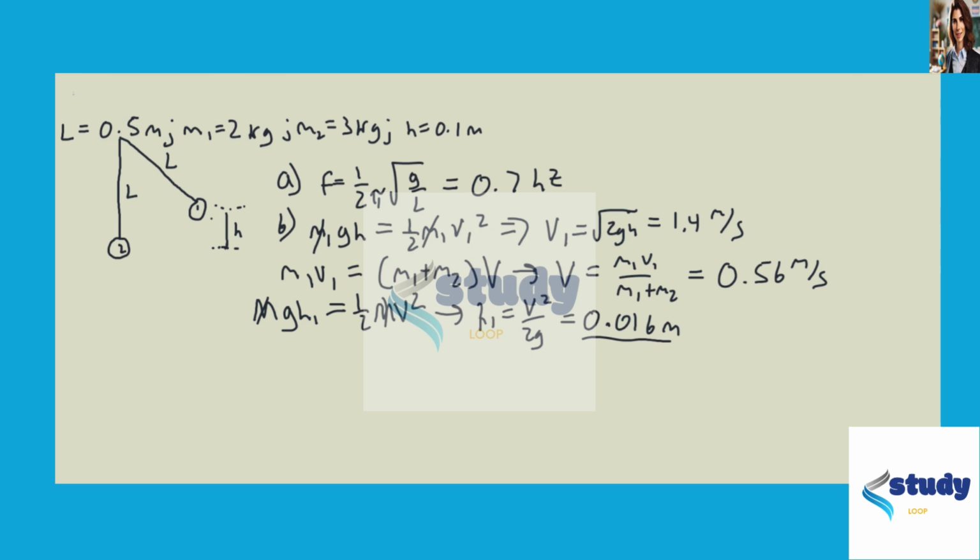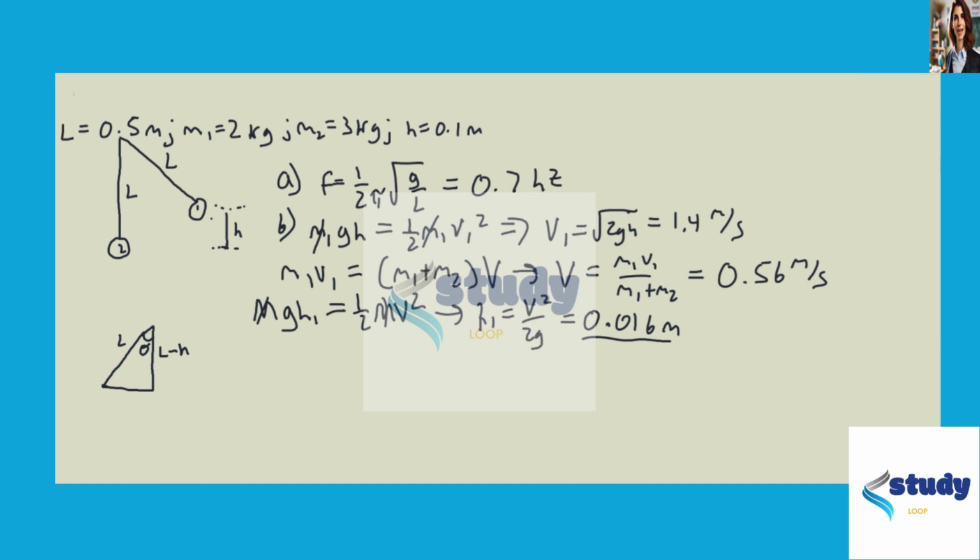So we need to figure out the angle, and to find the angle, we can draw a triangle here. So we're going to go up to some height. So this here would be L minus H, and this is L. This is theta.